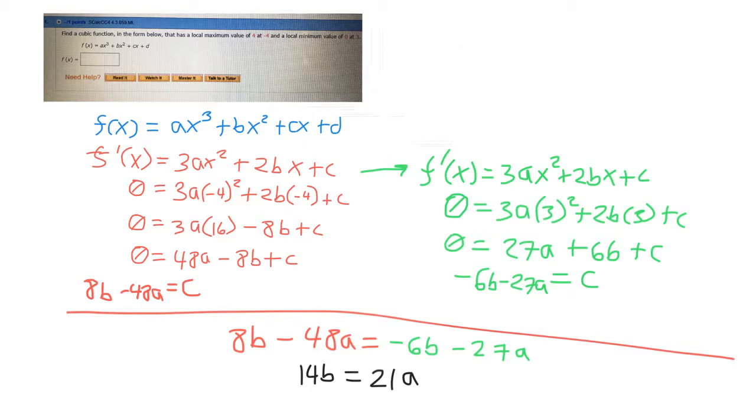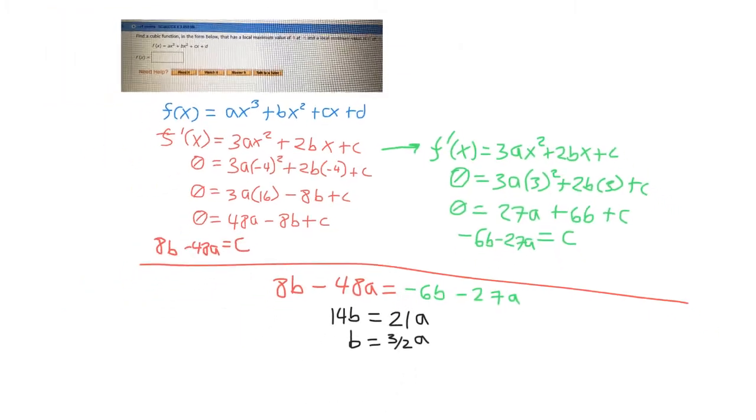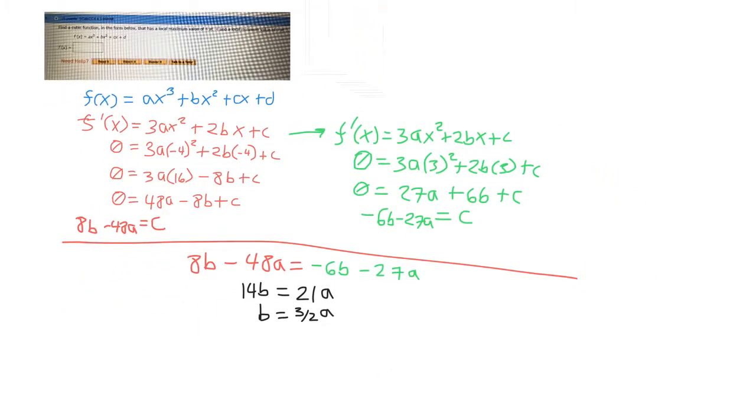So b in terms of a is just going to be a matter of dividing both sides by 14. And that gives you 3/2 a. Now, we can simply choose one of these two. It really doesn't matter which one. We're going to choose this one, and I'm going to replace b with what we know it equals in terms of a, and find out what c is in terms of a.